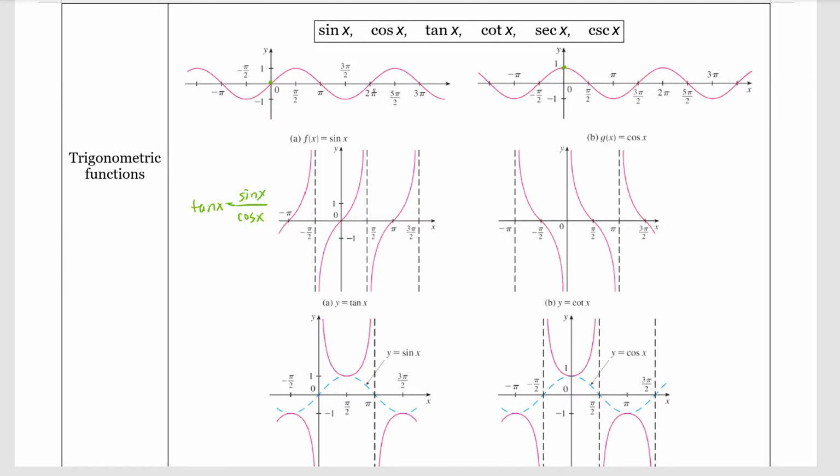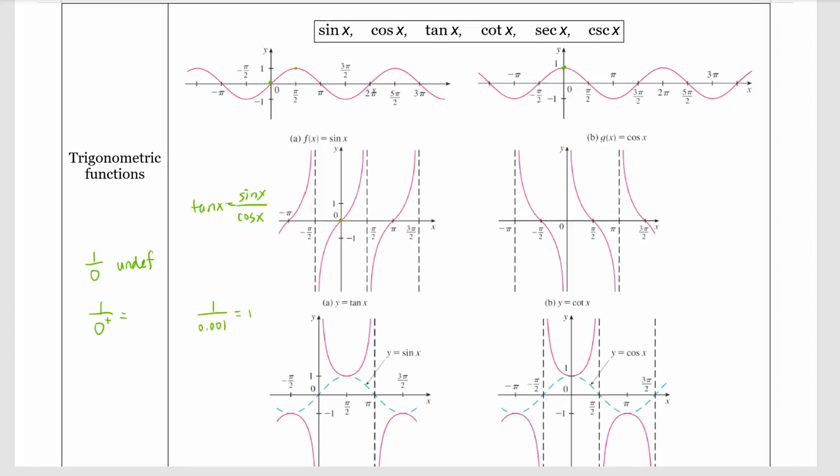Okay, so tangent is sine over cosine. At 0, you get 0 over 1, which is 0. But at pi over 2 it's like 1 over 0. It's not exactly 1 over 0, since we know 1 over 0 is undefined, but 1 over some number that's getting close to 0. What is 1 over 0.001?